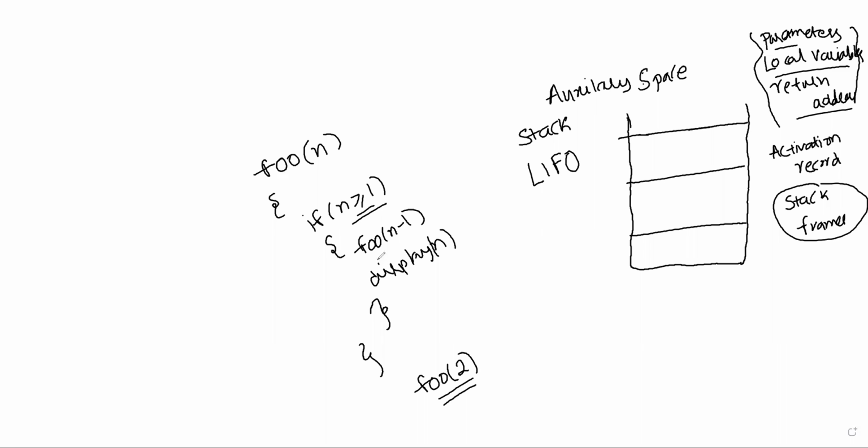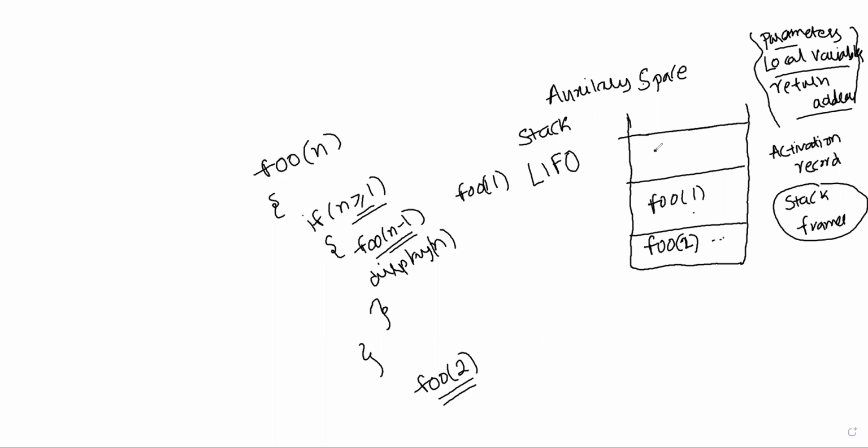Yes, n is greater than 1, so foo of n minus 1, which is nothing but foo of 1. It creates foo of 1 here, with its local variables and everything. So first it calls foo of 2 and then foo of 1. First it puts foo of 2 and then foo of 1.